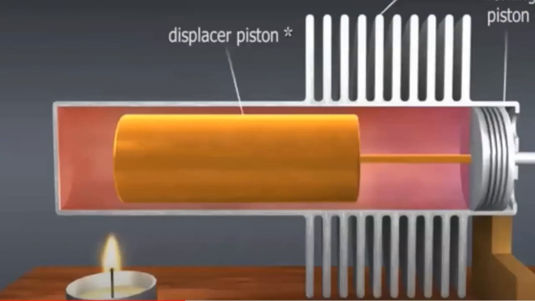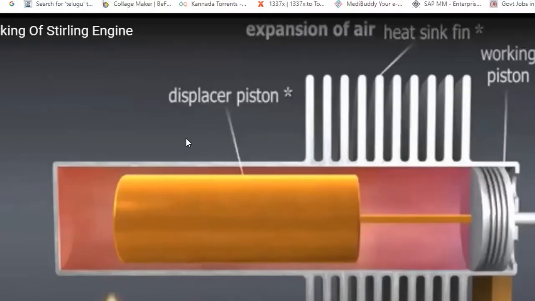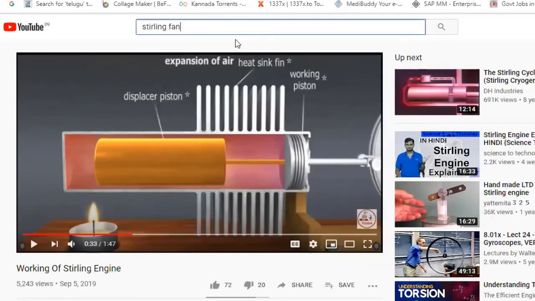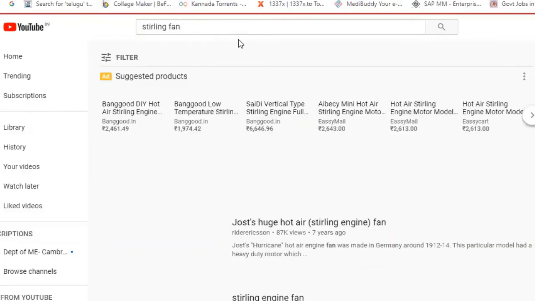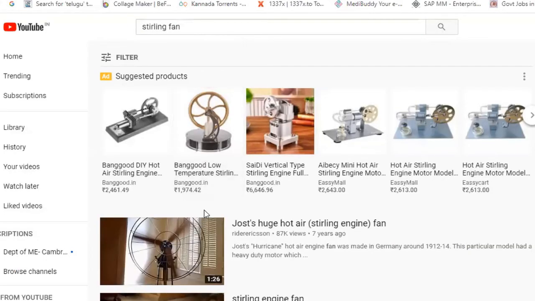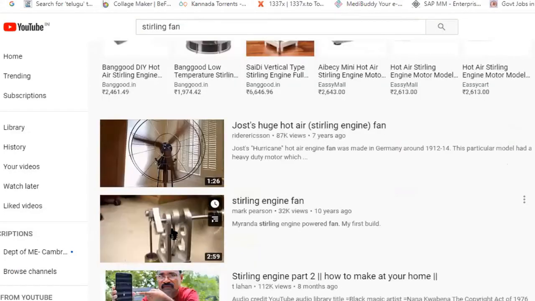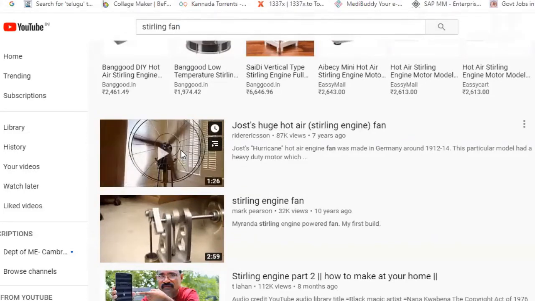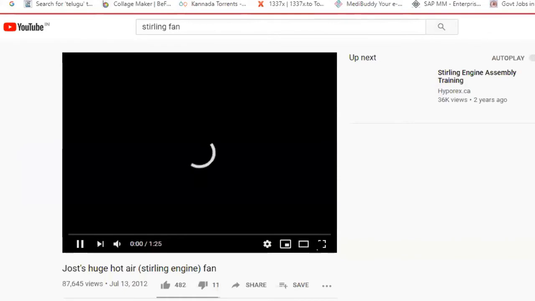So how this Stirling fan works, let me show you one more time. This is about the Stirling engine. What about the Stirling fan? Yes, you can observe how the Stirling fan works.